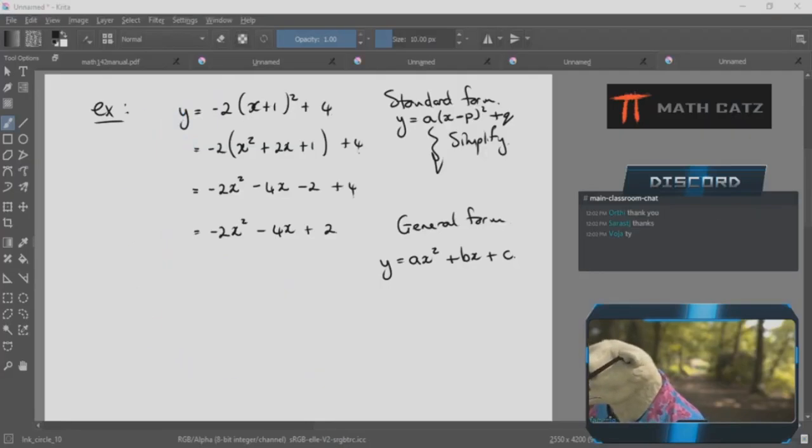So I have different forms. The standard form is certainly super nice because I see the vertex coordinates. The a is telling me how the basic quadratic parabola shape changed. Did it flip? Did it stretch? So it's all right there. In the general form, not so much.